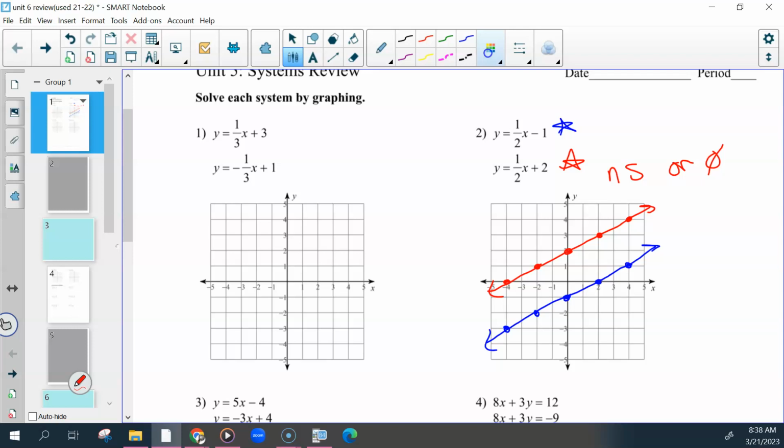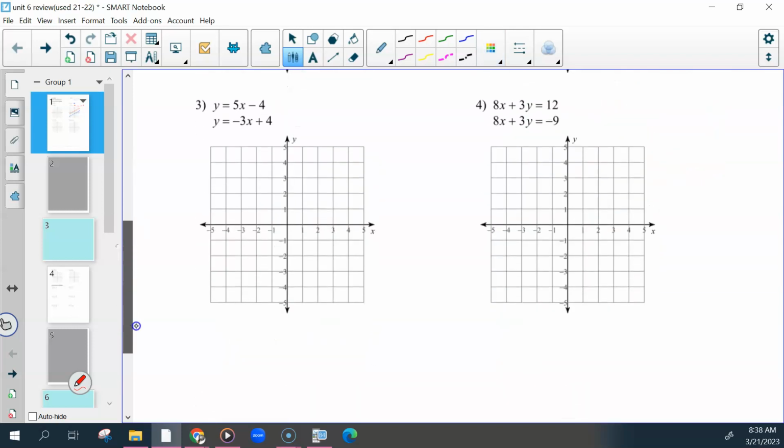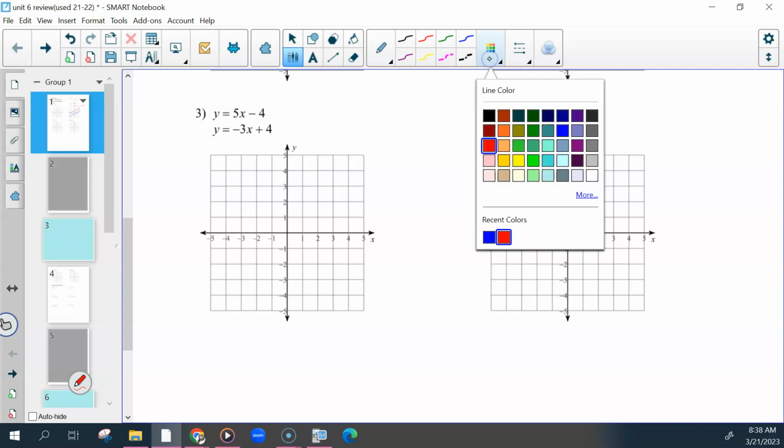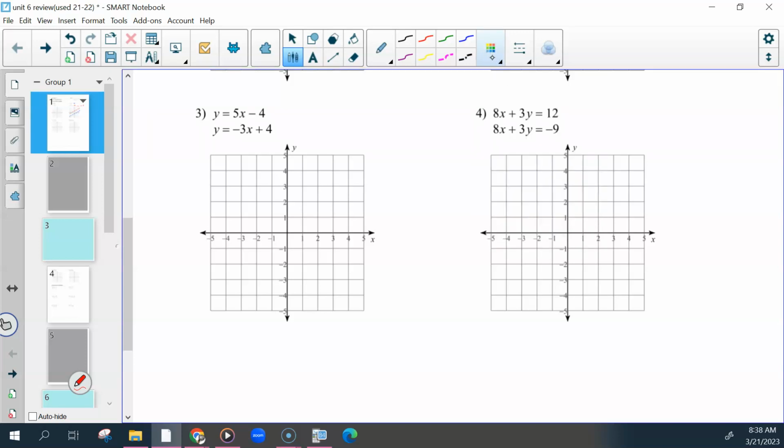Regina. So number 4, we have to solve both of them, get them both back into y equals before we do anything else. How would we do that? Regina.